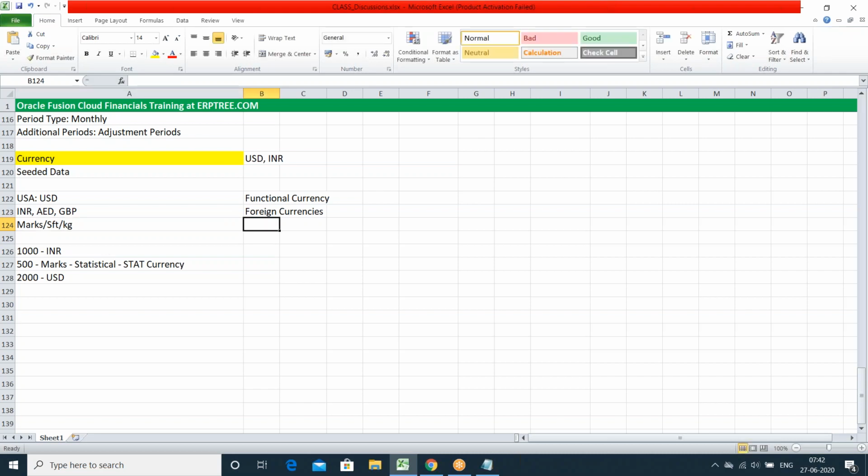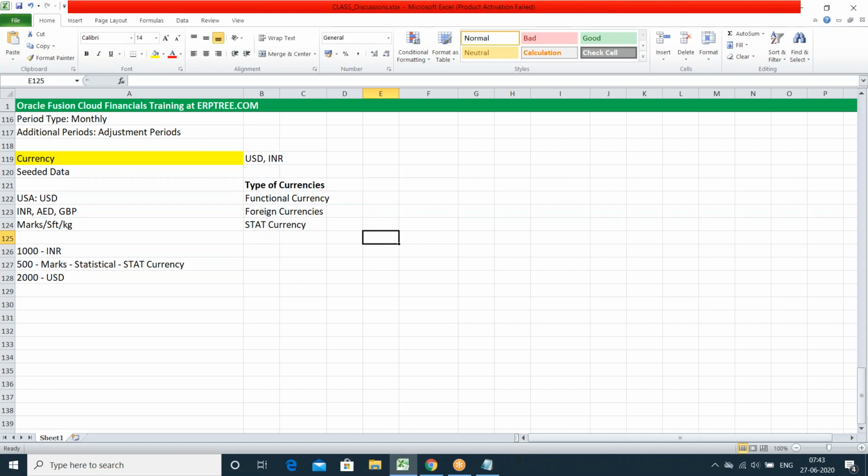You take any measurements. These all we call statistical measurements. This we call stat currency. So whatever we are discussing, these are the types of currencies: functional currency, foreign currency, stat currency.